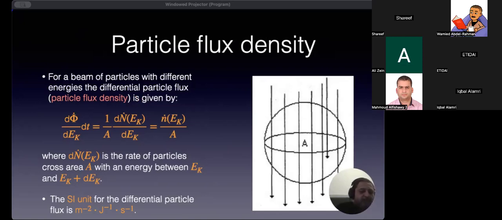Here this is the rate, so we have per second, and here we have energy, which is per joule. So it's going to be per meter squared per joule per second.